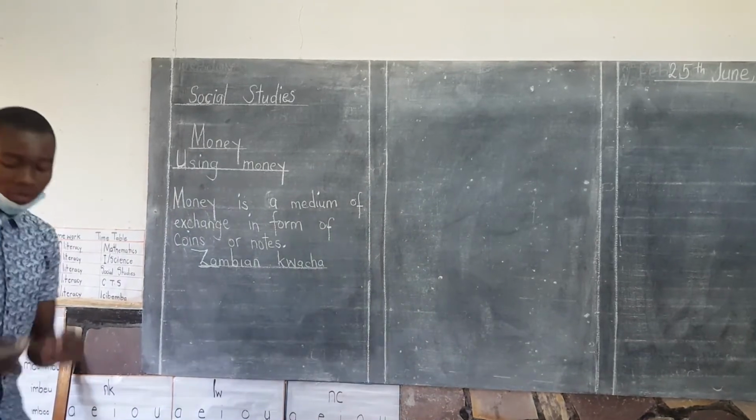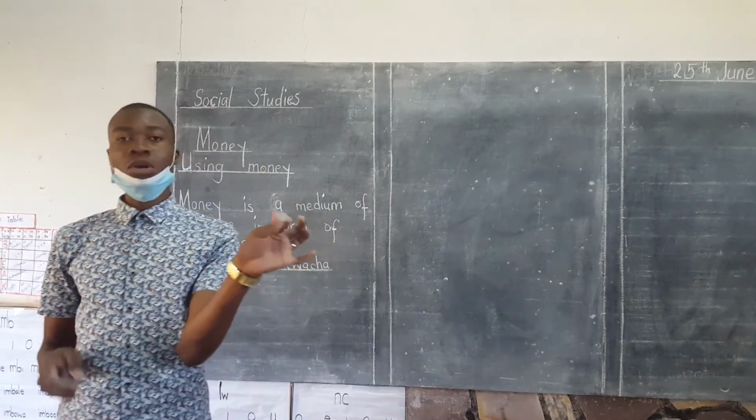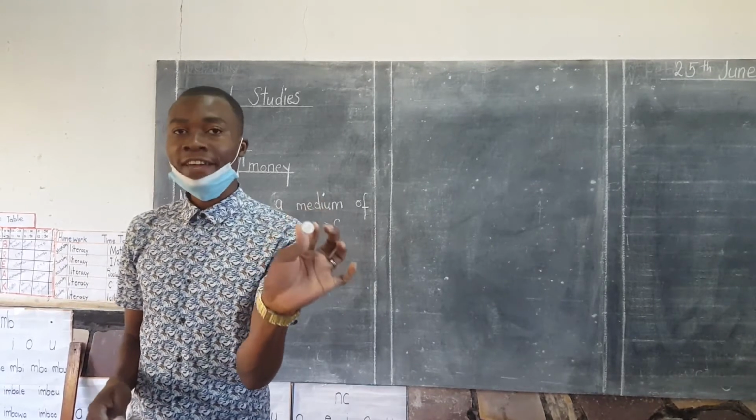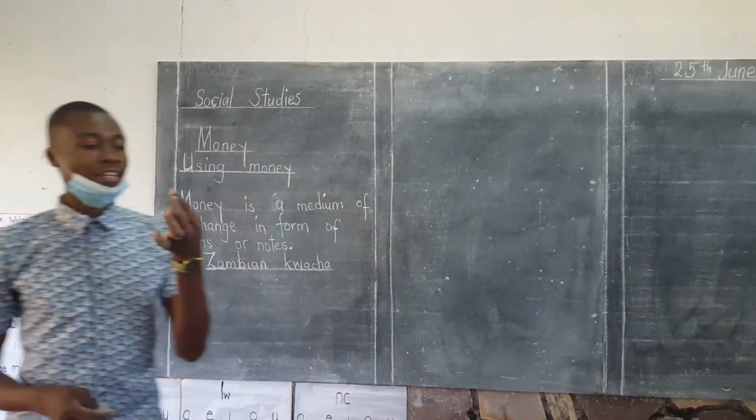Okay, so I said the smallest coin that we have is a 5 ngwe.